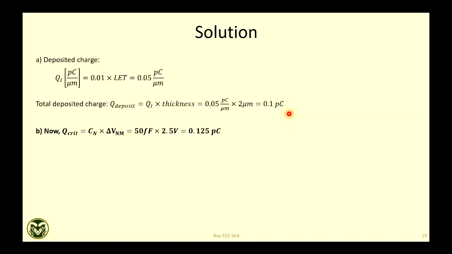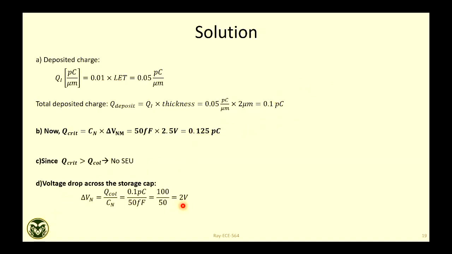If it went from 5 to below 2.5, there would be an upset. But we concluded there is no upset. So we can find the voltage: delta V is the change in voltage across the capacitor, the collected charge divided by the node capacitance. So you collected 0.1 picocoulomb divided by the node capacitance, which gives a 2 volt drop because of this deposited charge. That means your final voltage is 3 volt.